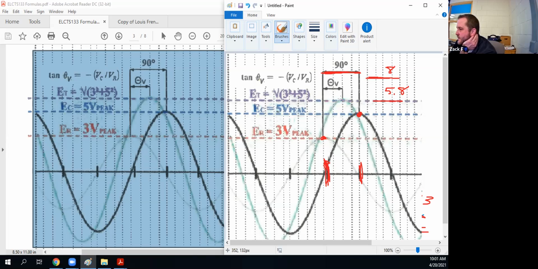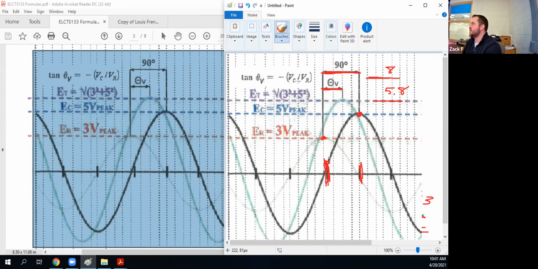This difference in the total is the phase angle, theta V. So if a question asks you what is the phase shift of the total voltage, you could find this: tangent theta V equals negative VC divided by VR.